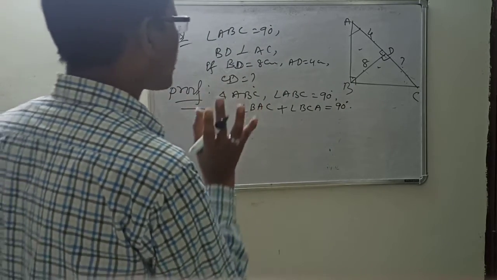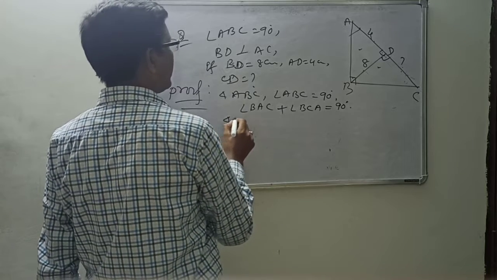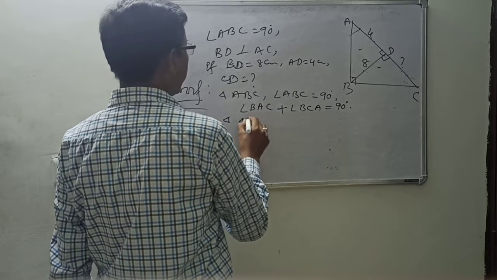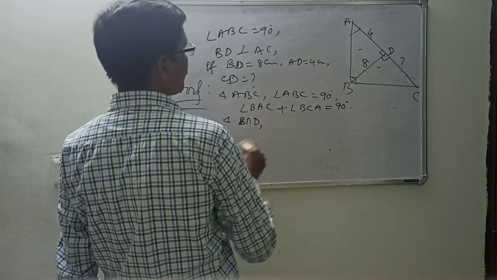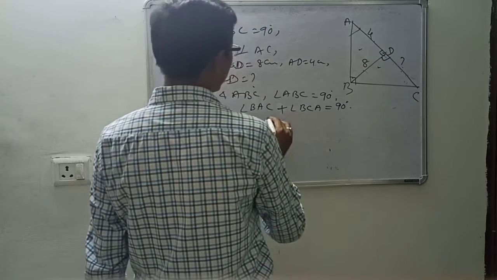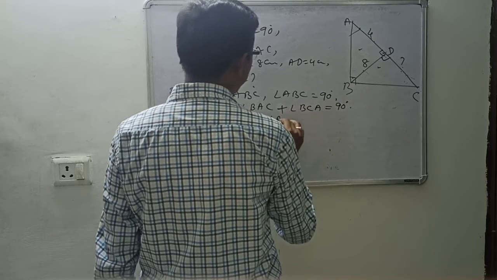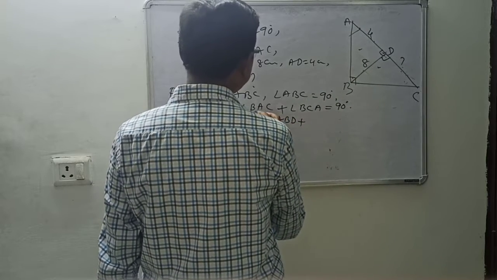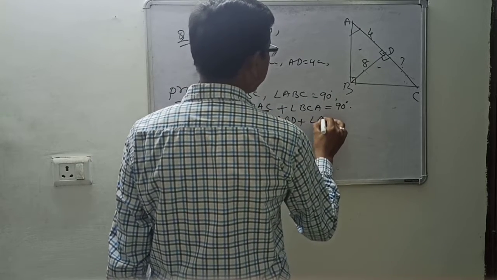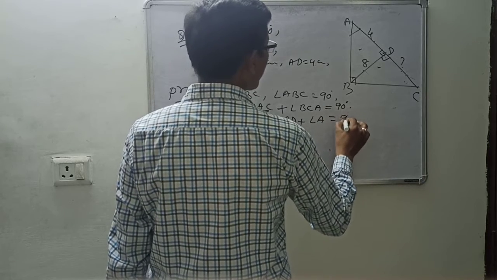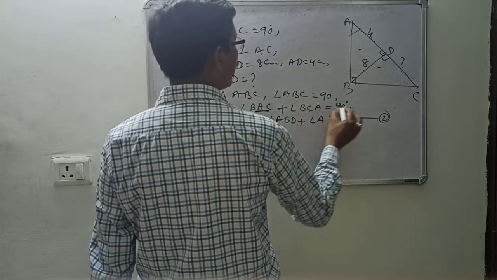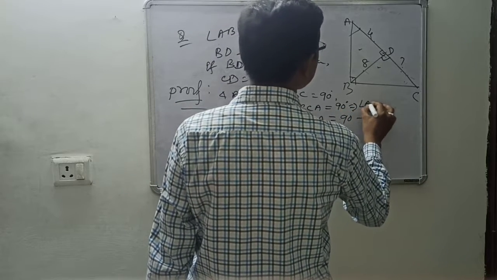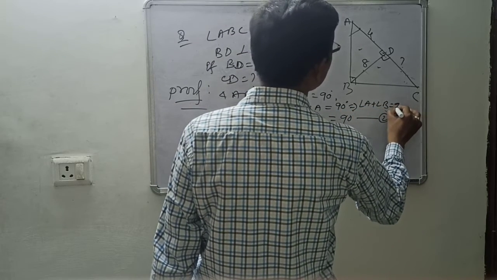And take any smaller triangle, triangle BAD. This is 90 degree given. So you can say angle ABD plus angle A is equal to 90 degree. That one is angle A, this one you can say angle B. So A plus B equal to 90 degree.